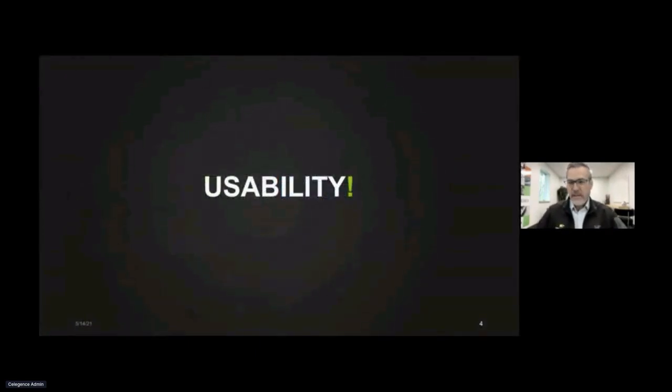Human factors engineering is all about usability. And in fact, those terms get used interchangeably, and even from a formal standpoint, they do, because the European standards that we follow for this kind of work, and most European work comes from a standard called 62366, use the term usability engineering. Other standards like we have here in the US, the American standard HE 75, oftentimes use the term human factors engineering more often.